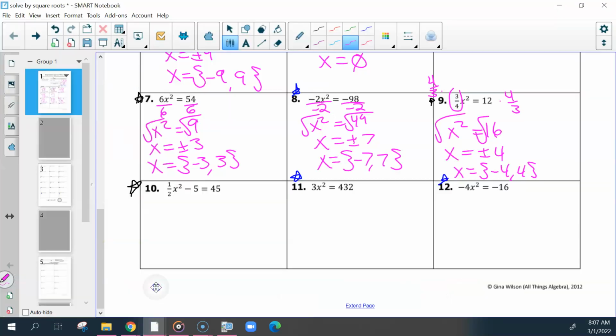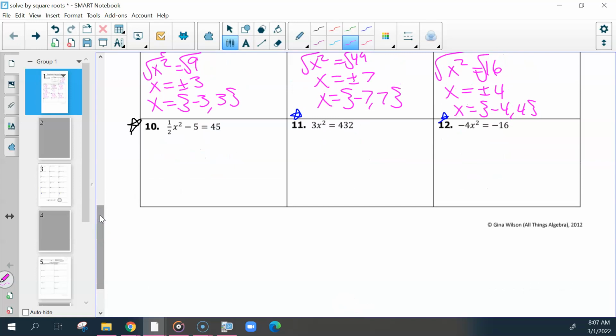Number 10. Now we have two things we need to do to isolate. What would we do first? Okay, you should be getting rid of the 5 first. Just in case this fraction is not something like 1/2, if you multiply by the reciprocal, you would have to do that to everything.